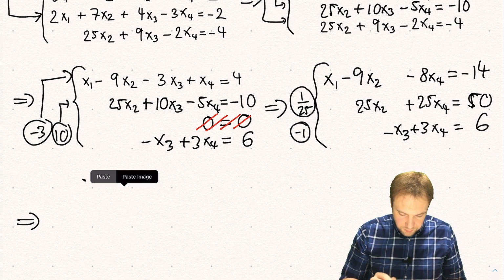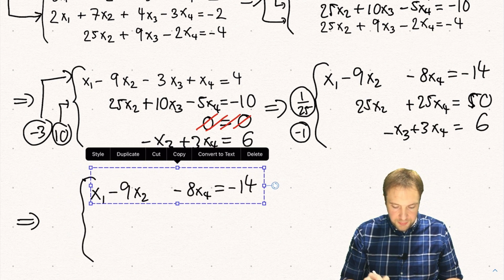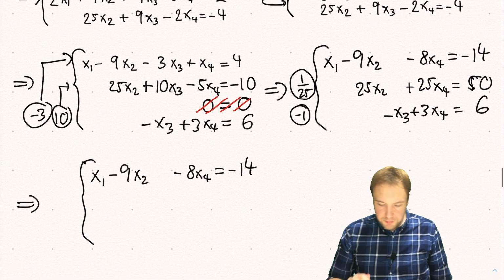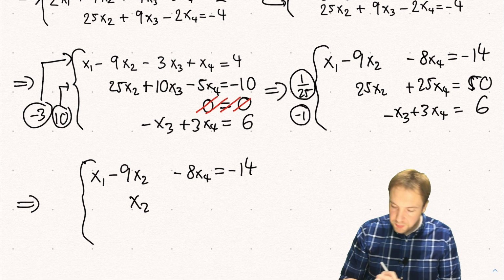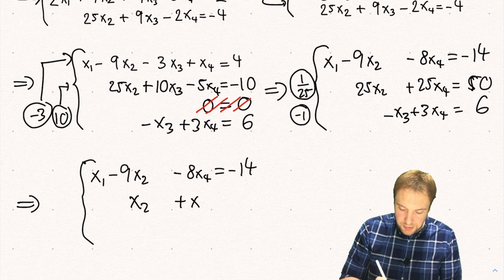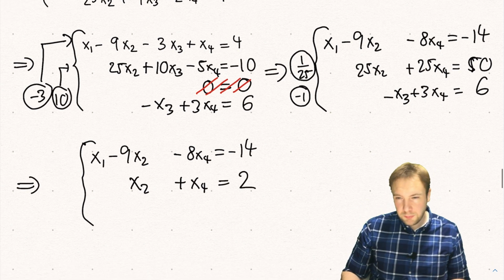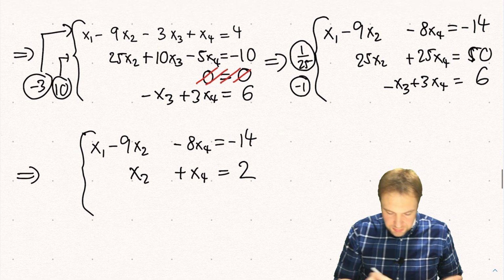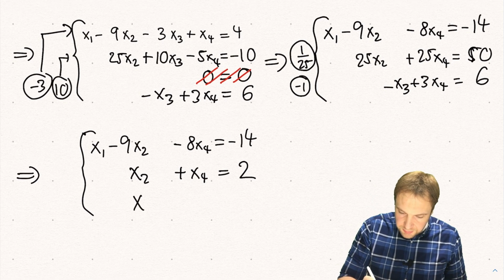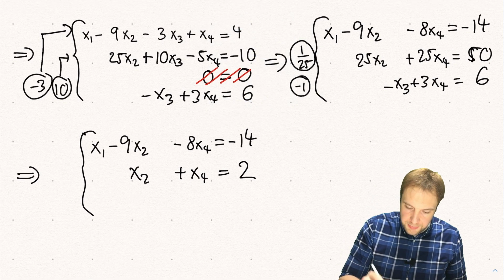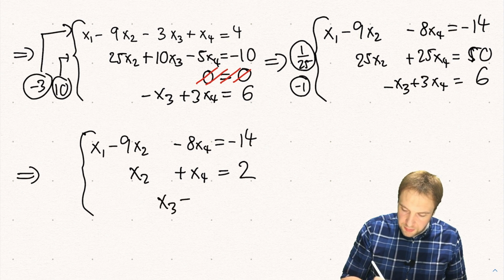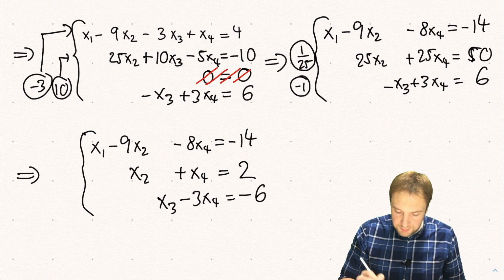So this equation is still the same, but here we now have 1x2 plus 1x4 equals 2. And here I just change the sign. So this is x3 minus 3x4 equals minus 6.